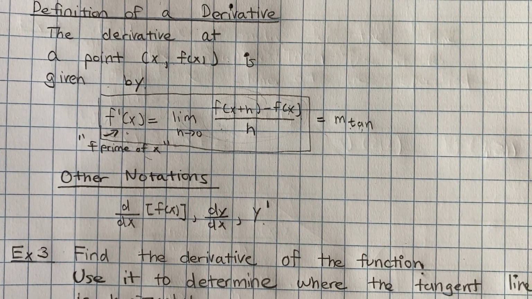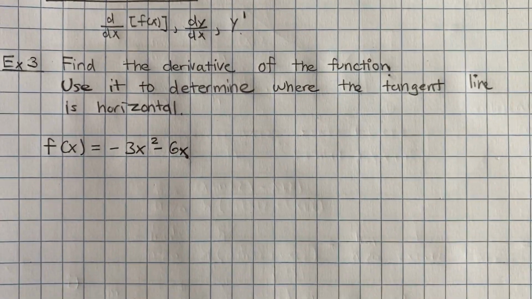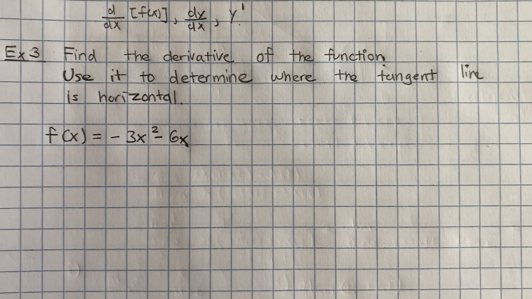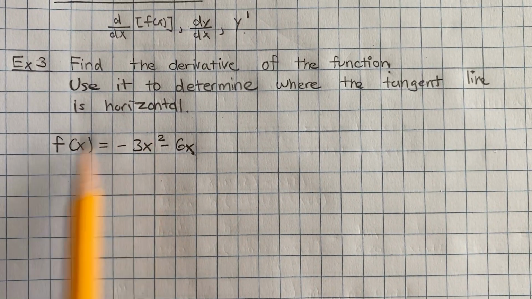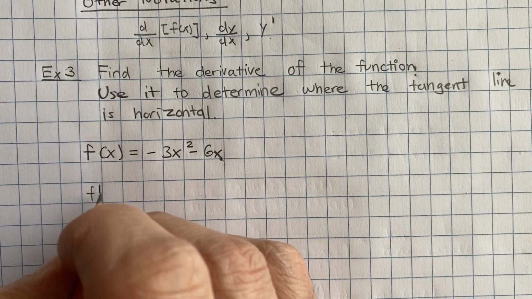All right, let's take a look at another example. It says find the derivative of the function, and use it to determine where the tangent line is horizontal. Here's my f of x, and I want to find f prime of x. How do I find f prime of x?